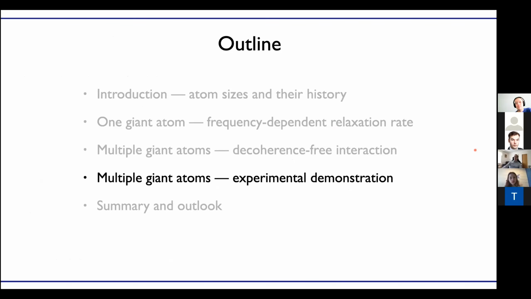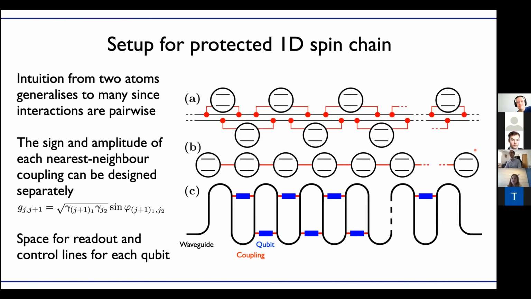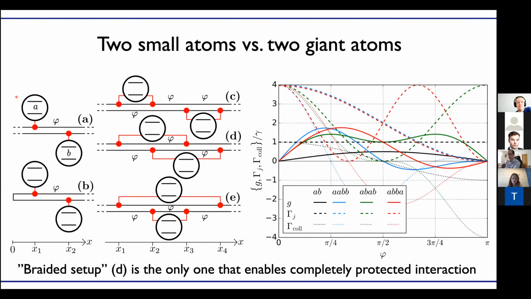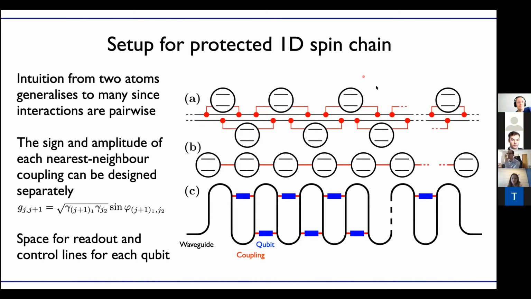May I also ask you before you start? You show that your atoms have 2 points for connection, but could it be more points? Yes. And what do we need to do to get more points? You need to connect some more points to the waveguide. We treat this in the paper, this PRL, for the many giant atoms.